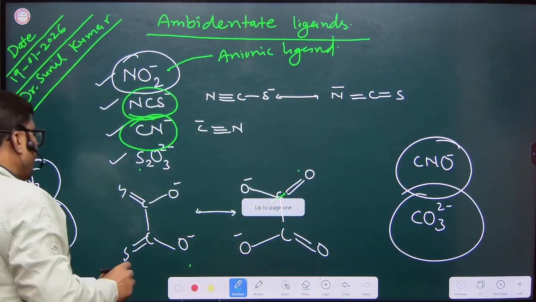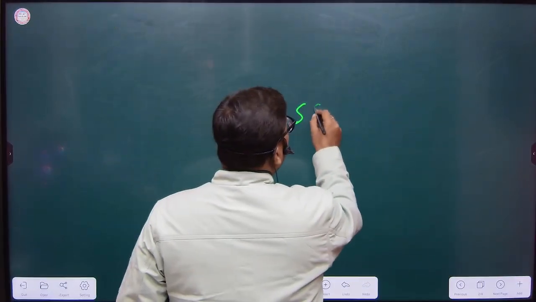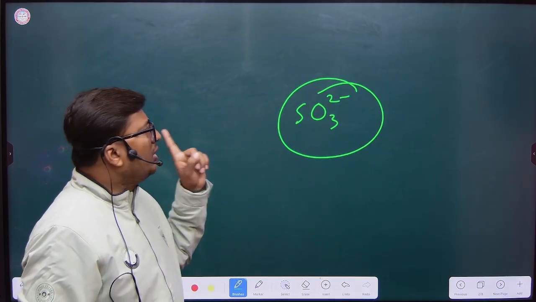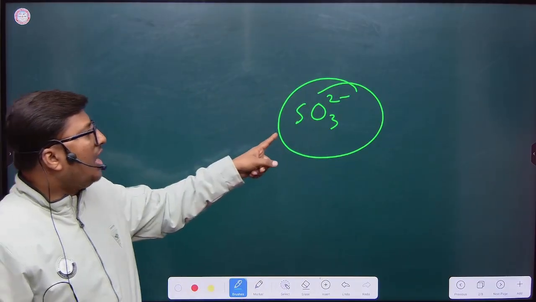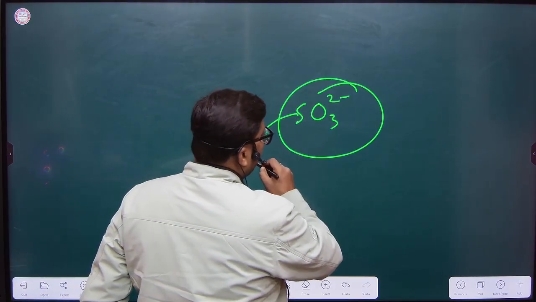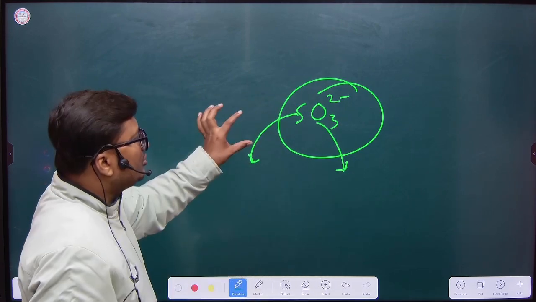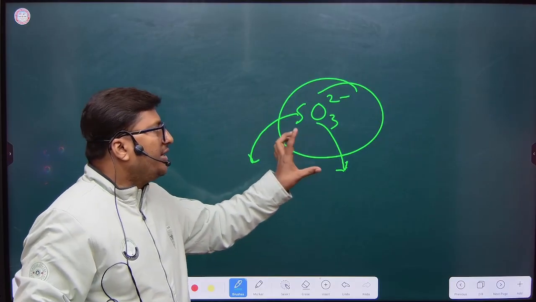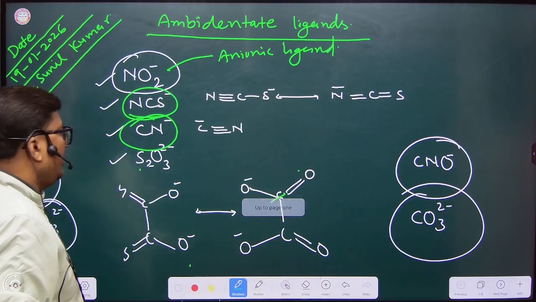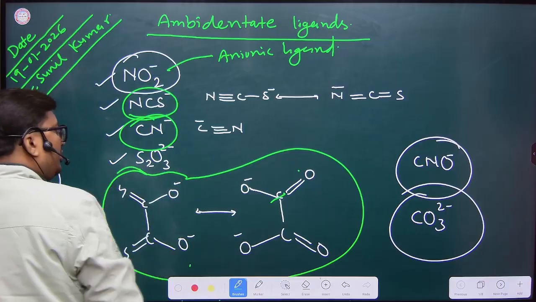Another example is sulfite ion, SO3 2 minus, right? This particular ligand also has a tendency to form complexes with either sulfur donor or oxygen donor. So it can form complexes through this side or through these oxygen donors. So this is also a good choice of ambidentate ligand, that can form different coordination compounds, right? This is resonance stabilized, and this is resonance stabilized.